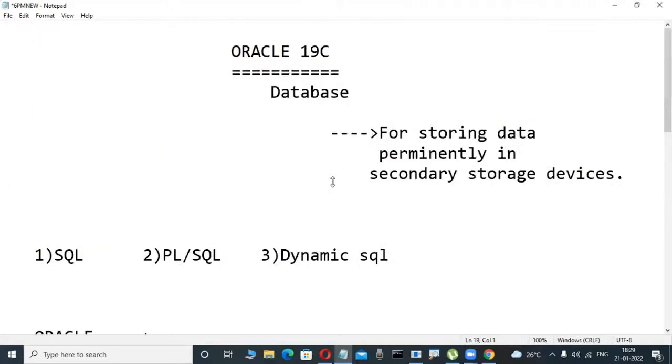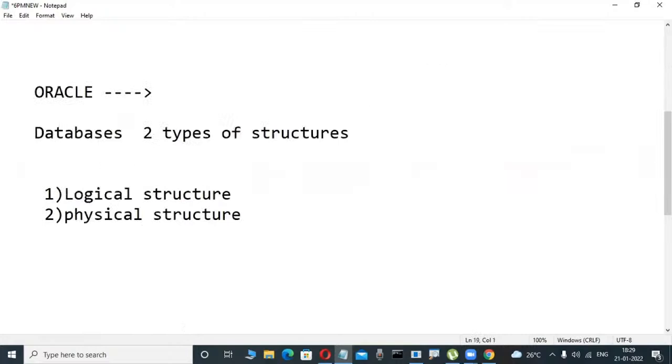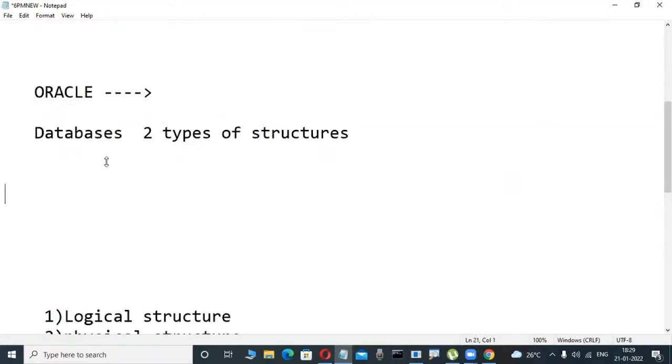Before we tell what the logical and physical structures are in this type of database software, consider the database definition. In books, so many people write it like this. Today at least you will understand.